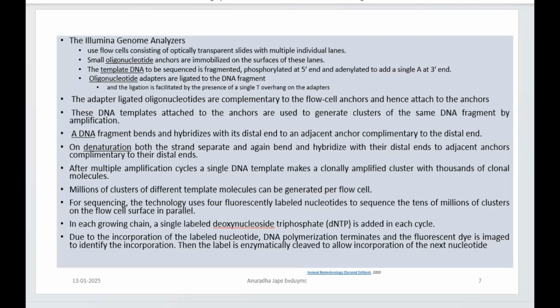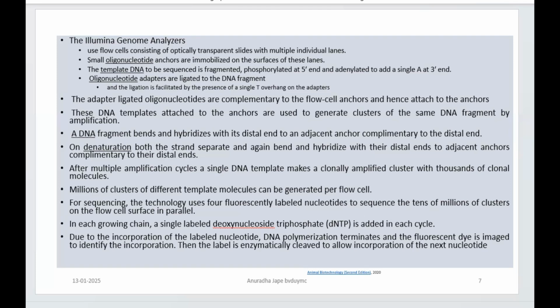So in each growing chain, a single dNTP which is labeled with the fluorescent tag will get randomly added, right? And due to incorporation of a labeled nucleotide, the extension of the chain will stop. So the polymerization of the DNA will terminate, and at that point the fluorescence that is getting emitted from that fragment will be recorded, it will be imaged, right?